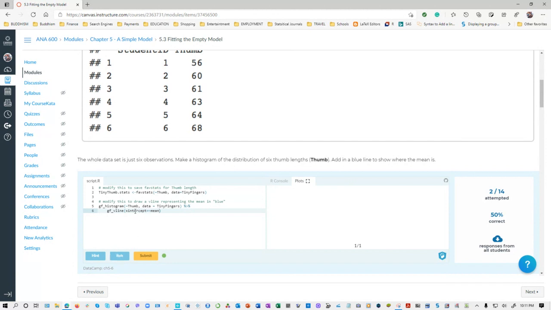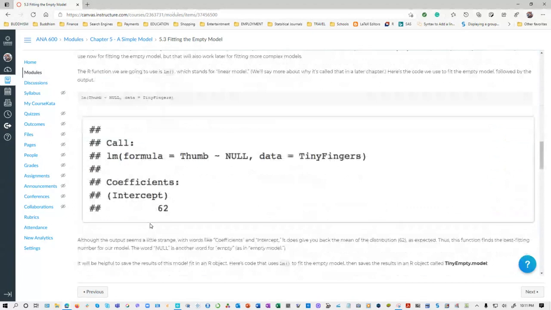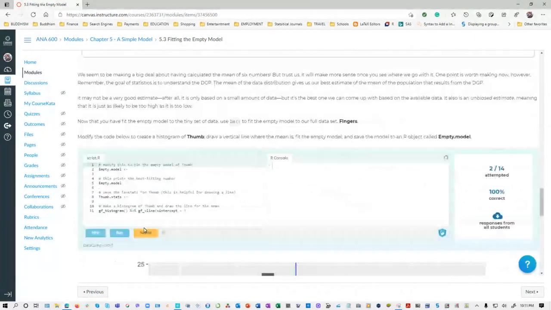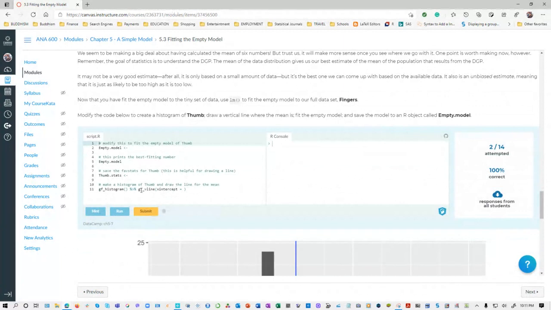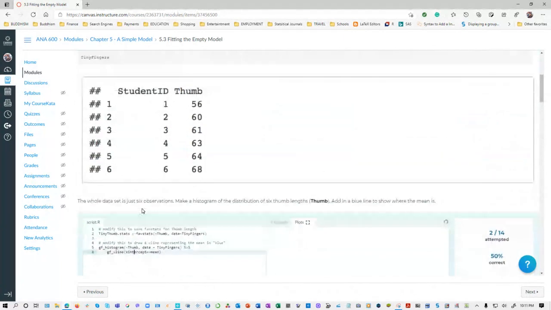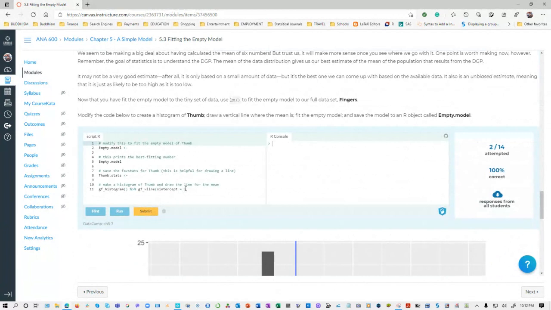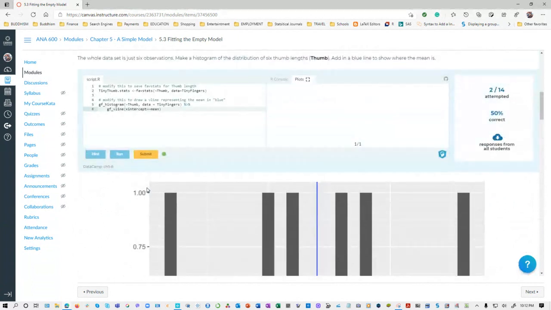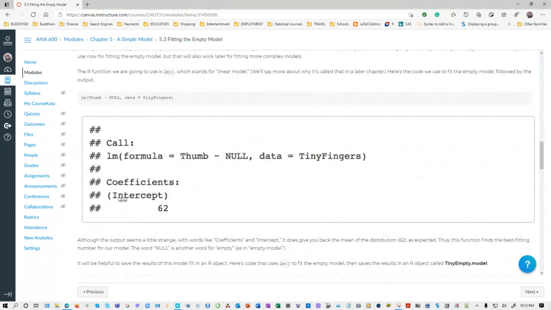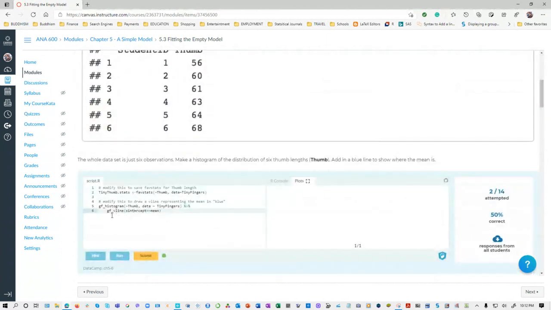Okay, gf_vline, we are missing the gf_vline, x-intercept. You can concatenate it with the gf_vline.